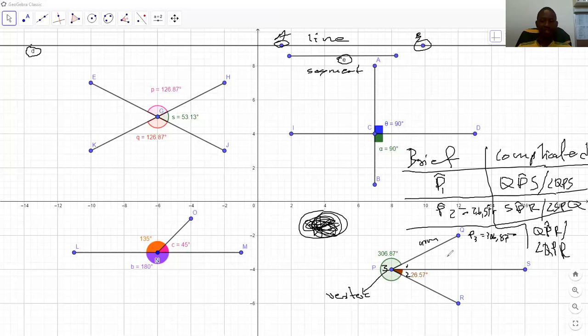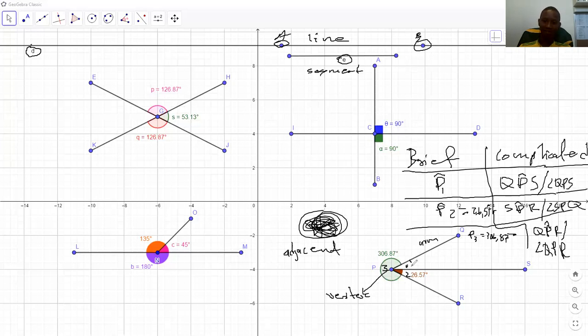Here's another thing that you should catch. We have another nice word that we use, called adjacent, okay? So when something stands next to something, we say they are adjacent, okay? So angle P1 and angle P2 are actually adjacent. And this is why they are adjacent, because they share a common arm or a common segment, okay?